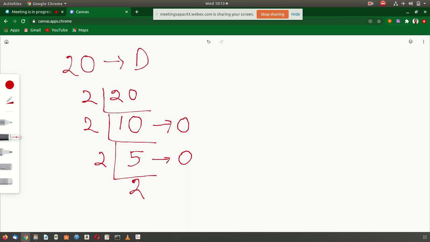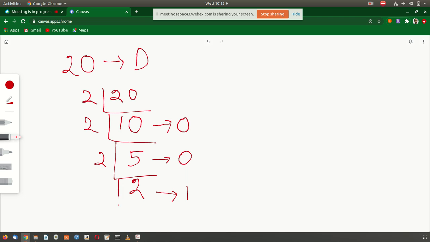The closest number we can go to is 4, since 2 into 2 is 4. So 2 into 2 is 4, and how much is left over? 1 is left over. So 1 is the remainder.